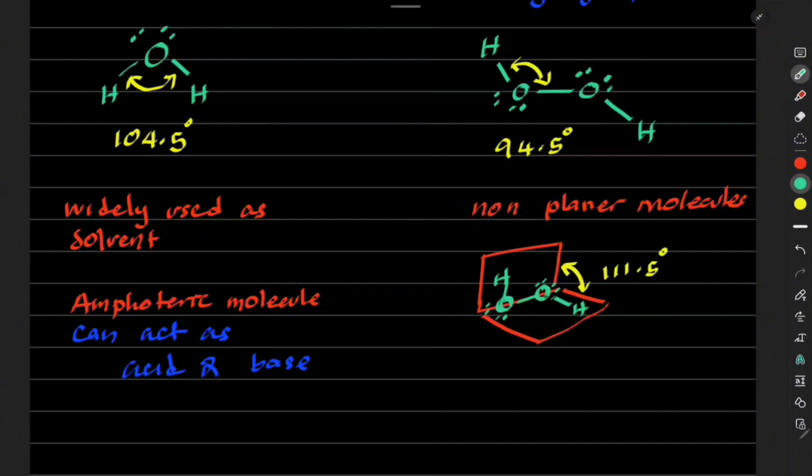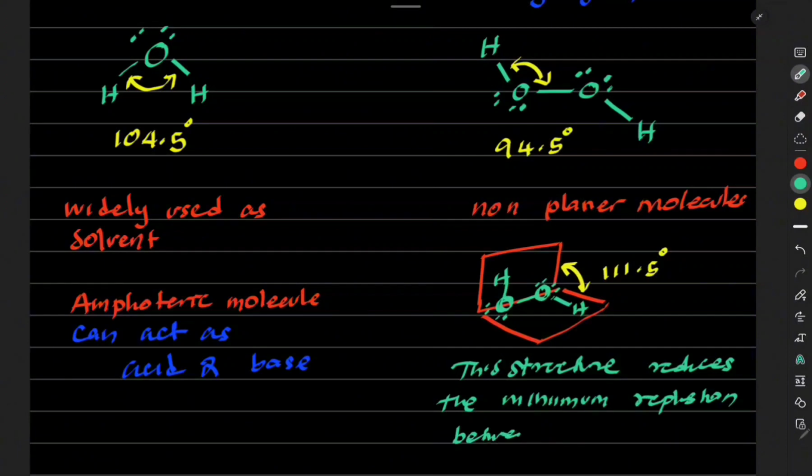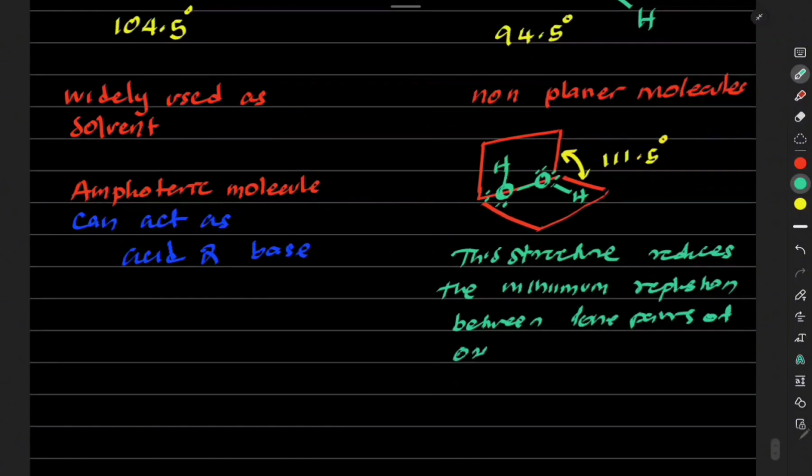This structure reduces the repulsion between the lone pairs of the oxygen atoms.